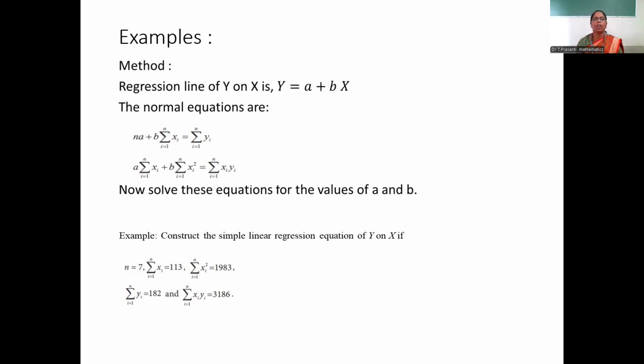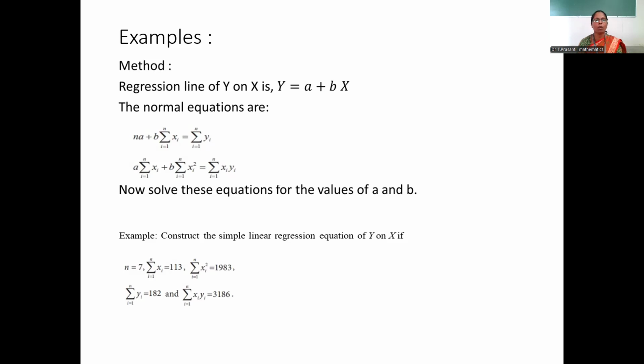For example, y is equal to a plus bx is your base equation, the regression line of y on x. Simply apply summation on both sides, left side and right side. You will get the first equation, summation y is equal to na plus b summation x.